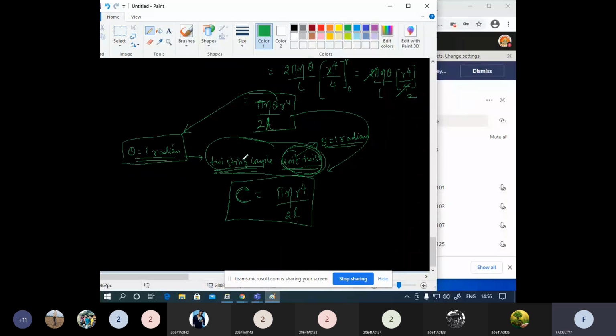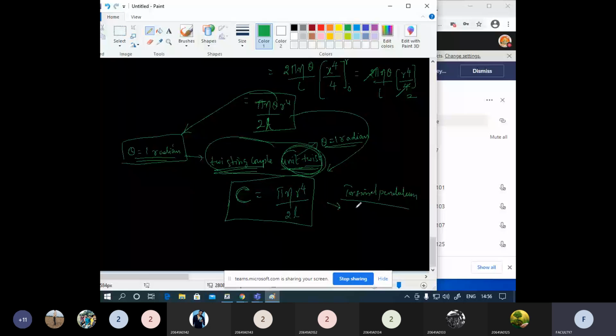So this expression we are going to utilize, and we will get the expression for the rigidity modulus. We need to get the rigidity modulus of the torsional pendulum. Actually, we saw the torsional pendulum yesterday. In that concept, we are going to utilize some of the expressions, and we will get the expression for the rigidity modulus.